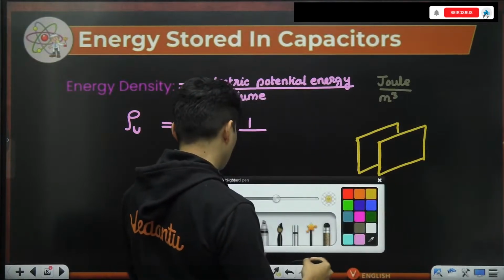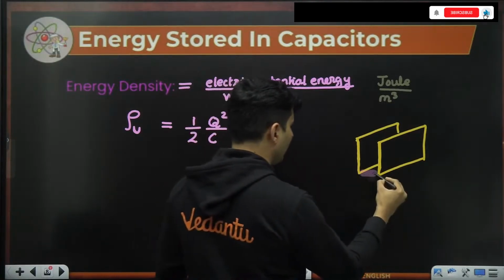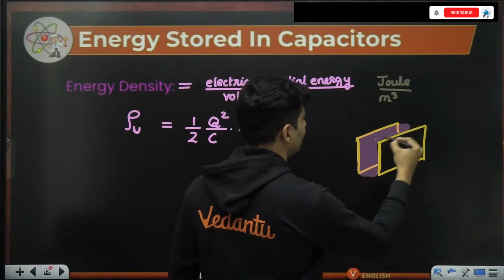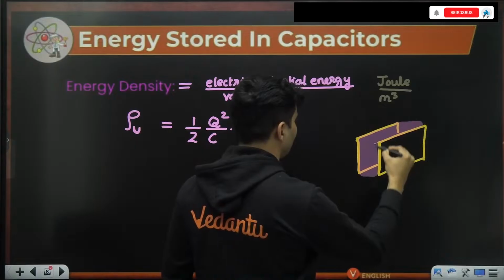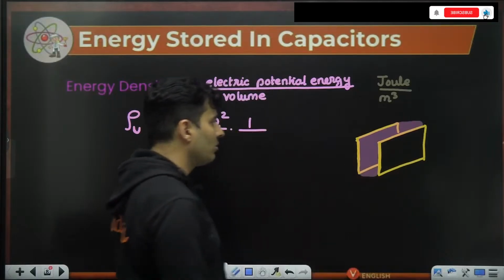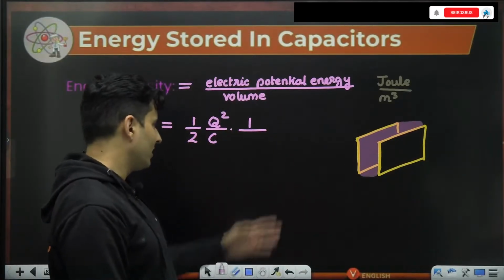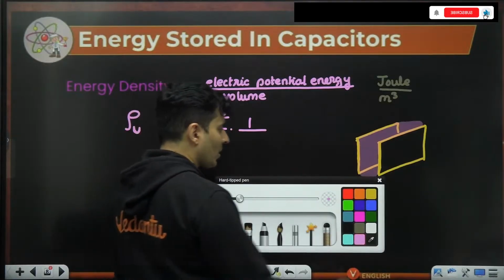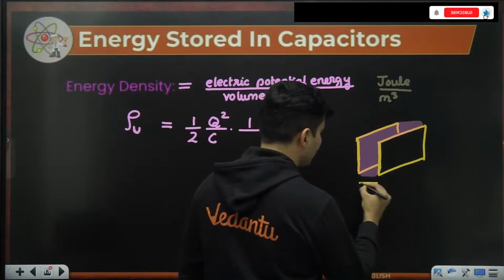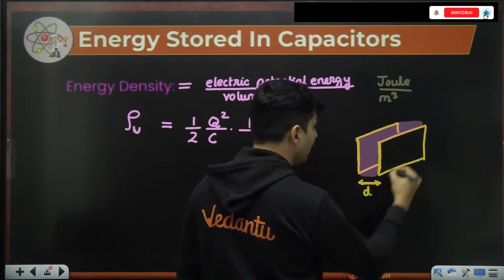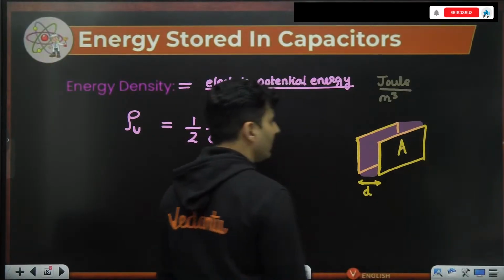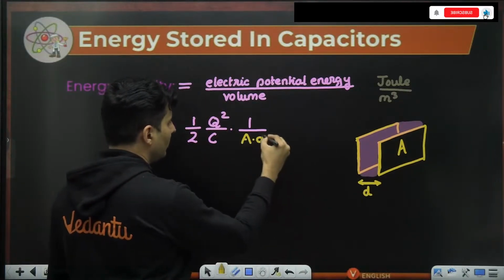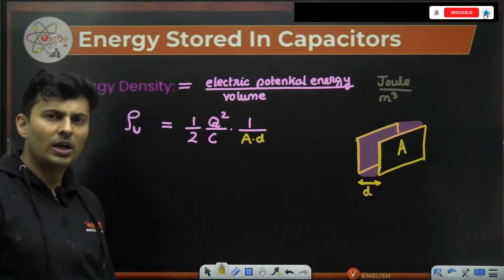And of course, the energy is stored between the plates of the capacitor like a sandwich. Yeah, I hope you can visualize this. It could be your mayonnaise, it could be your chutney, it could be your sauce, whatever. These are like two bread pieces, and in between that, your fillings are there. So as you can see, this separation will be nothing but D, and the area of the plates will be nothing but A. So what will be the volume? That will be nothing but area into the width.